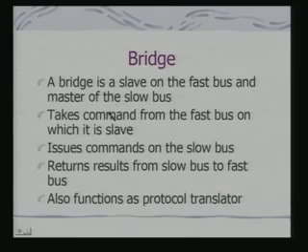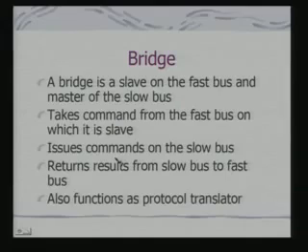So, the bridge will take commands from the first bus which has got the CPU, and it will become master in the slower bus for carrying out read and write transactions with the slower devices. So it will issue commands on the slow bus. So effectively it can become a master on the slow bus.